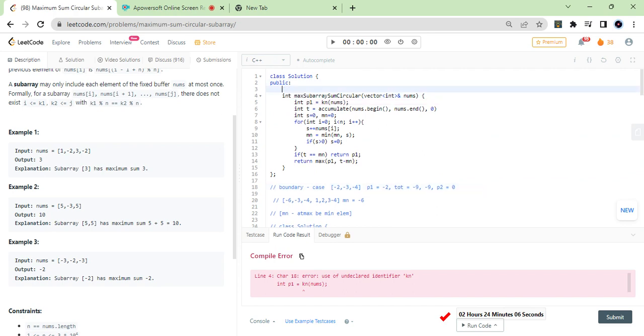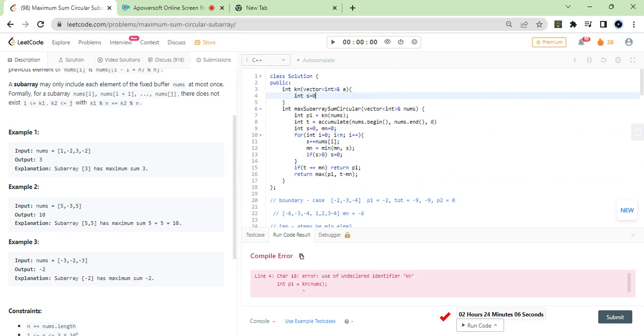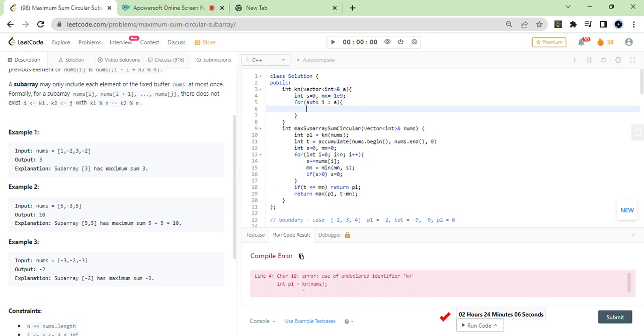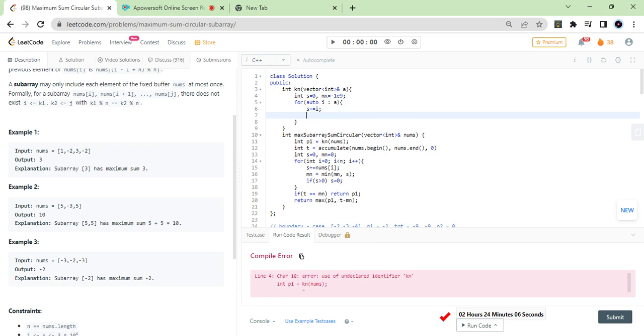Kadane is not declared. Okay, so let's make a Kadane algorithm of vector of int, let's say a, and s equal to 0, mx equal to -1e9. Like Kadane algorithm, for auto i in a, you can just say s plus equal to i, and then mx is equal to max of mx comma s.